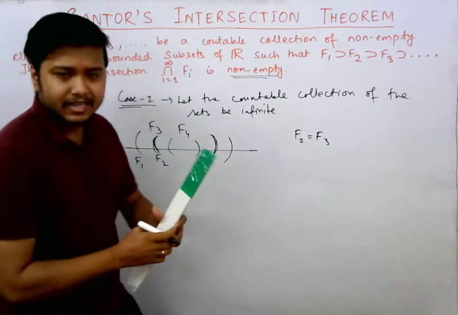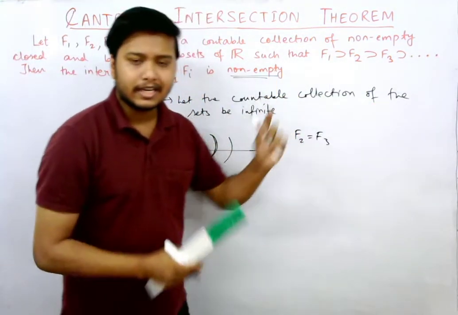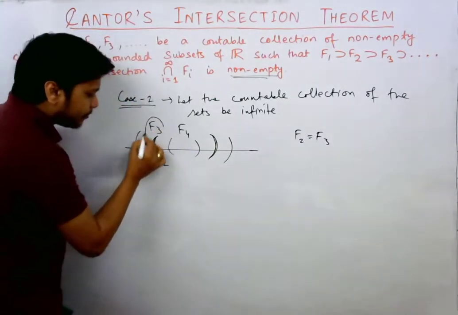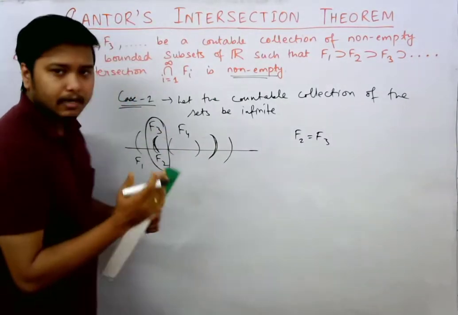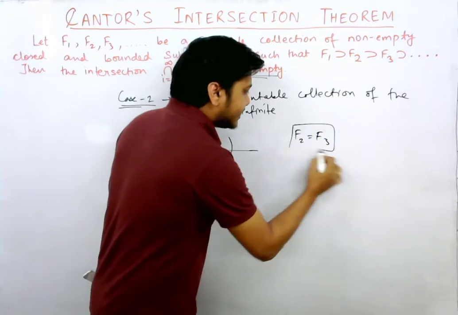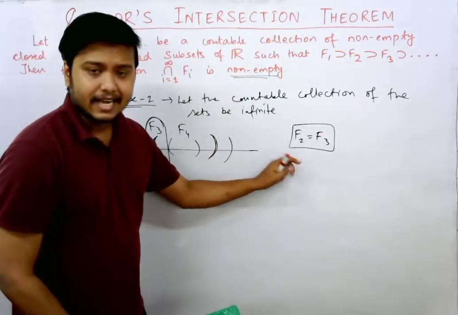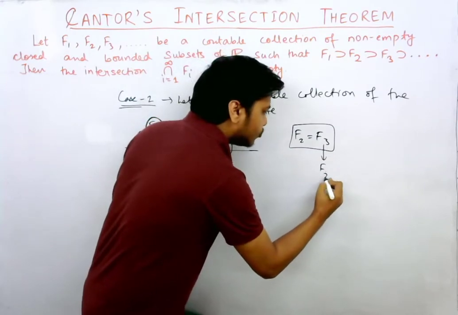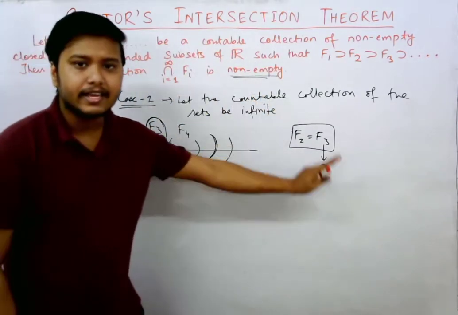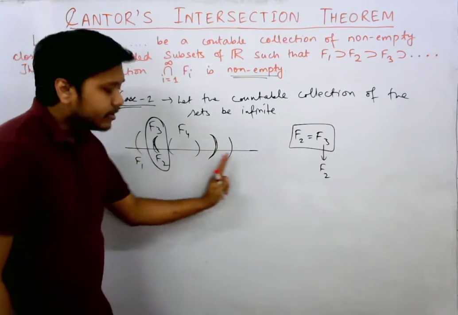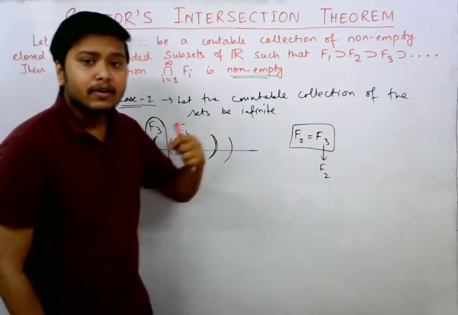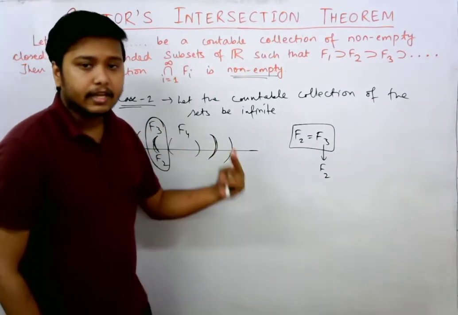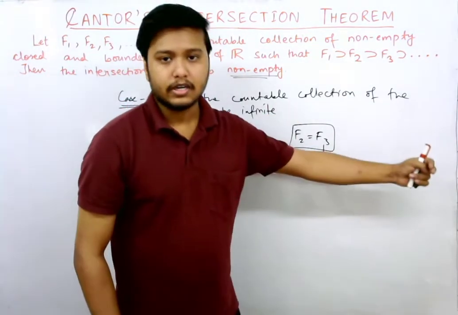So let's say sometimes when I'm taking this countable collection, some of the sets are becoming equal. If F2 and F3 become equal, we will just take only one of the sets and discard the other. Okay, I'll call F3 my F2 set. That means I will discard the F3 set, and whatever remaining sets I have, I will re-index them, rename them, and call them F1, F2, F3 and so on infinitely.